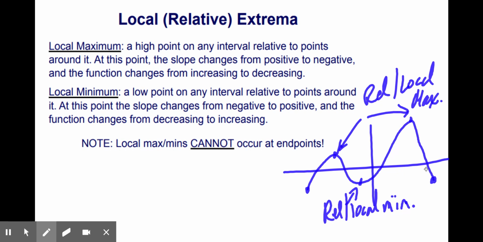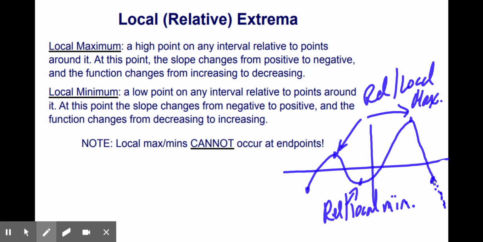So for example, if the graph were to turn like this, then yes, this point would be a local minimum. But if the graph continues to decrease after this point, like that, well then this point is a nothing. It's certainly not a local min.